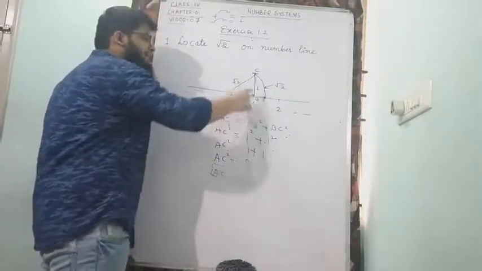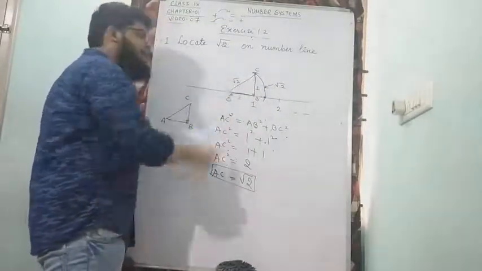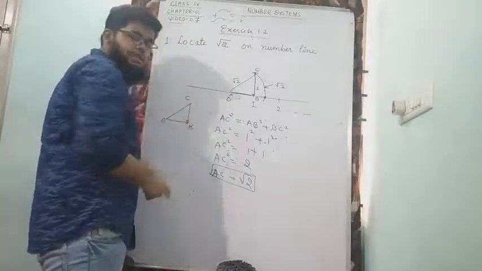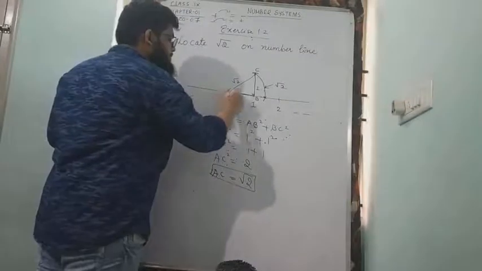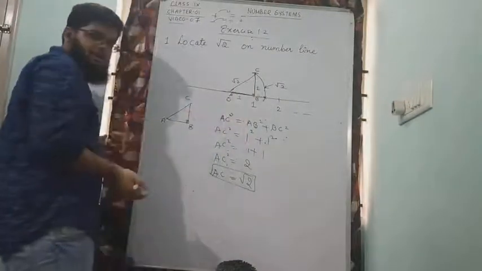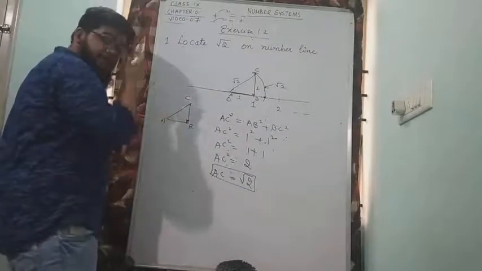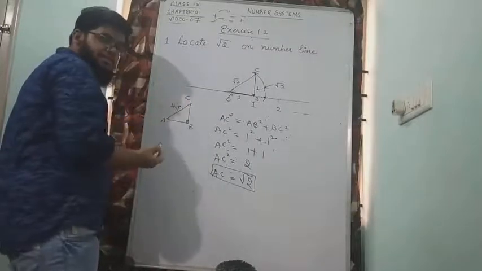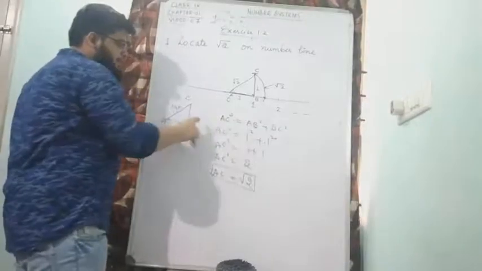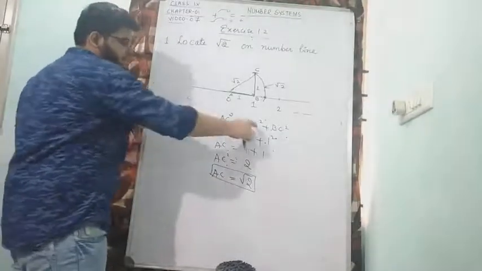Now I should prove that AC is also root 2, and to do that I will have to use the Pythagoras Theorem. I have got one right angle triangle here, and this triangle I will draw, and we have seen how to use the Pythagoras Theorem. This is the hypotenuse side, that is the slant side. AC square will be equal to the other two sides, AB square plus BC square.